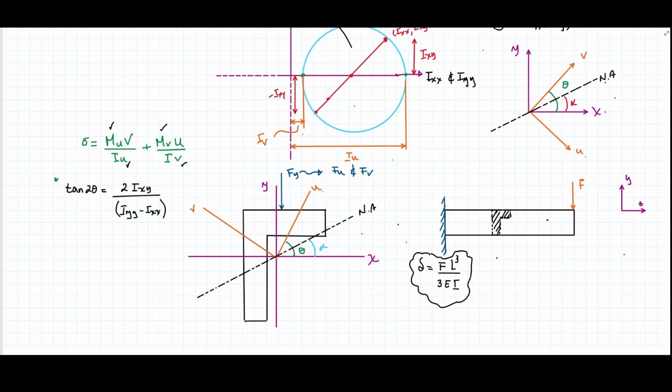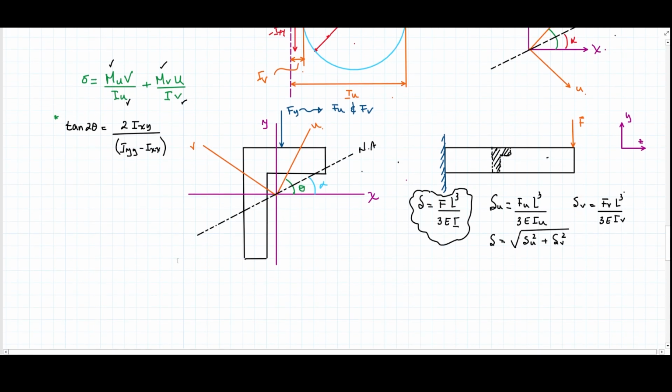Deformation along the U axis is going to be the force component U times L cubed divided by 3EI_U, and the deformation because of the force not oriented parallel to the principal axis is going to be force V times L cubed over 3EI_V. So the total deformation is going to be equal to this one here plus this one here.